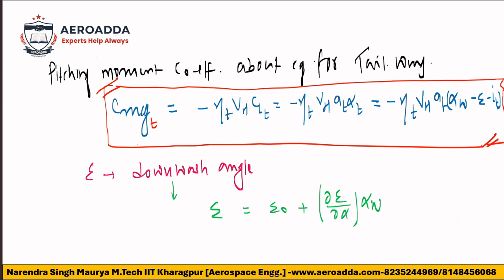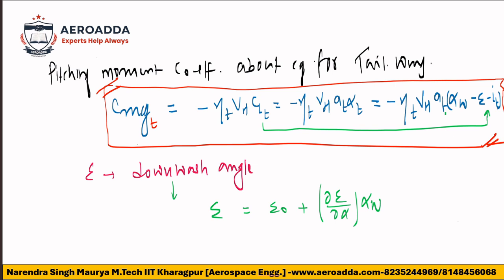I told you that time also when I had shown the tail contribution. There will be the downwash, and because of the downwash, the CLT lift generated by the tail will be changing. You see the formula also. CLT depends on the downwash angle, right? So actually this CLT changes because of the downwash, and this downwash is always because of the main wing.